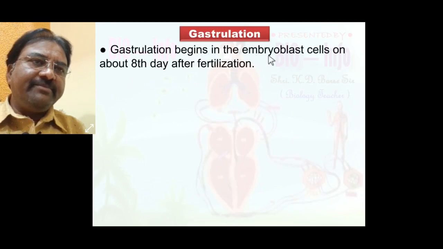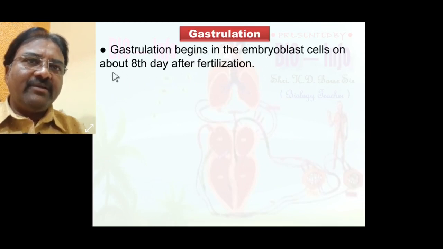Now, how does gastrulation occur? Gastrulation begins in the embryoblast cells about the 8th day after fertilization.